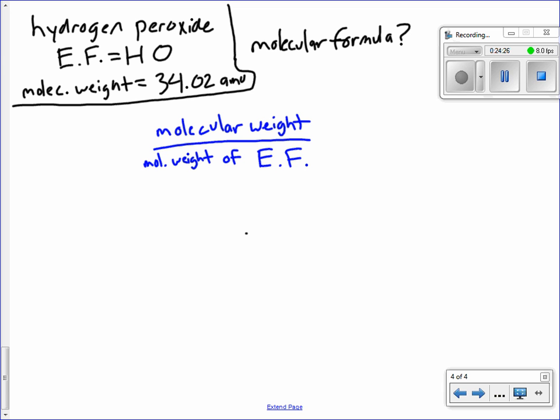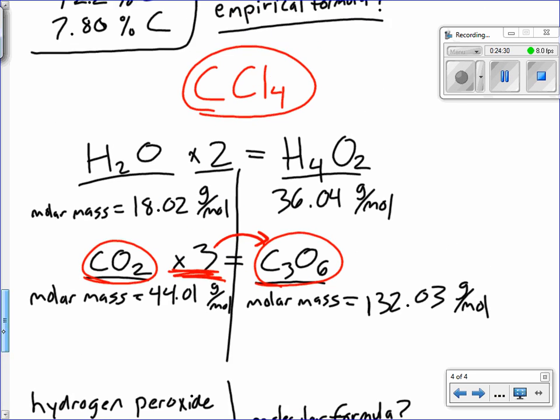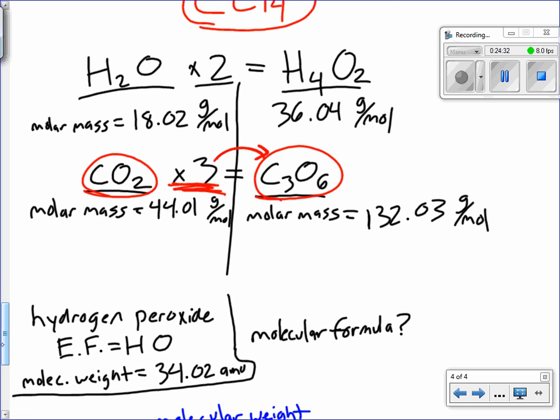Okay? When you put that in, it's going to give you this number right here, because you're just dividing the weight of this by the weight of this. And that'll give you that.